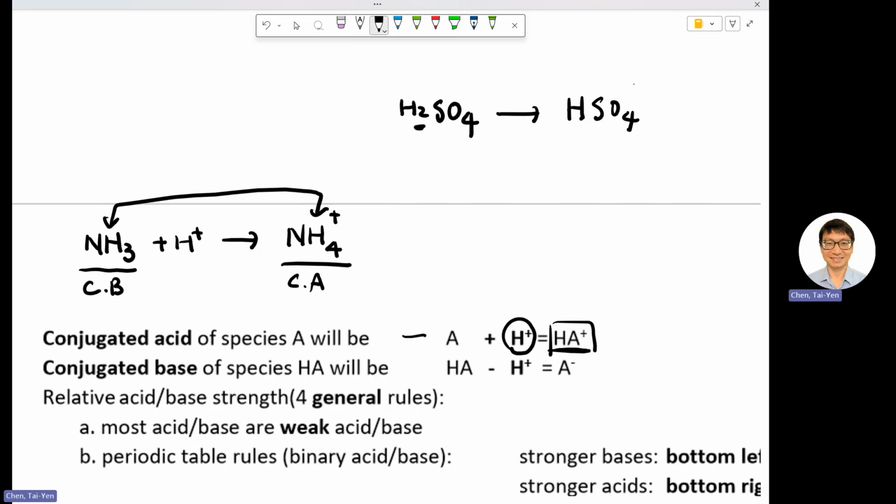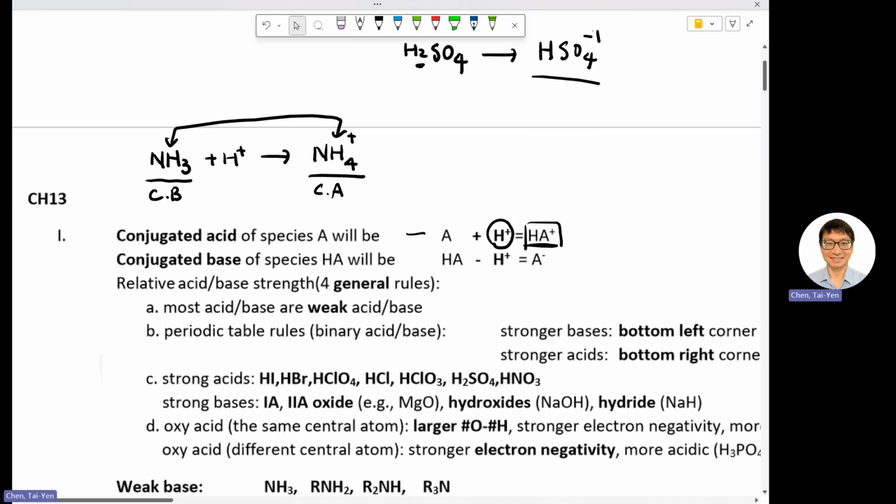You start from neutral, which has a charge of 0, and subtract one charge, so this becomes -1. So we call HSO4 minus the conjugate base of H2SO4. Is that clear? You are going to use these things over and over again in chapter 13, so make sure you know how to write these properly. That's the first thing you need to learn.